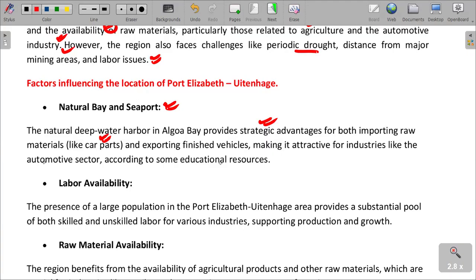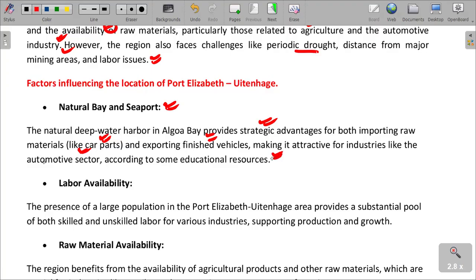There is also the advantage of exporting finished vehicles, which makes it attractive for industries like the automotive sector, according to some educational resources.